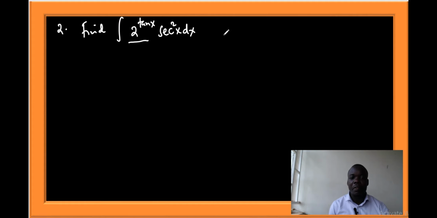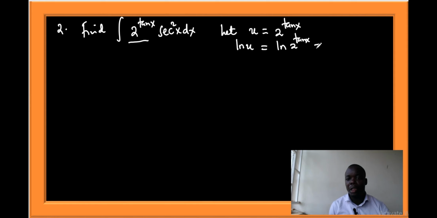So if I let u be 2 power tan of x, I first introduce a natural log on both sides. So ln of u equals ln of 2 power tan x. If you now follow the rules of logarithms, this transforms to tan x ln of 2.